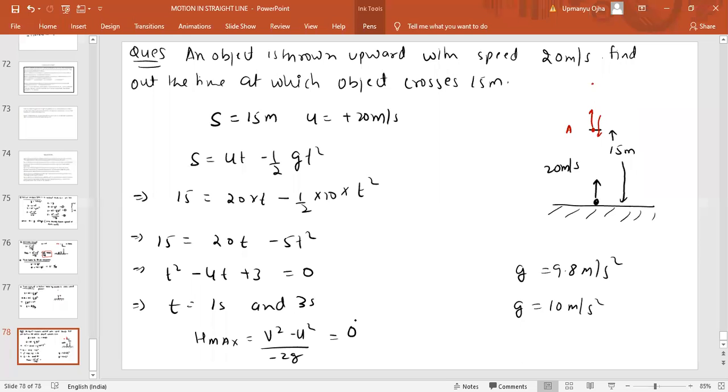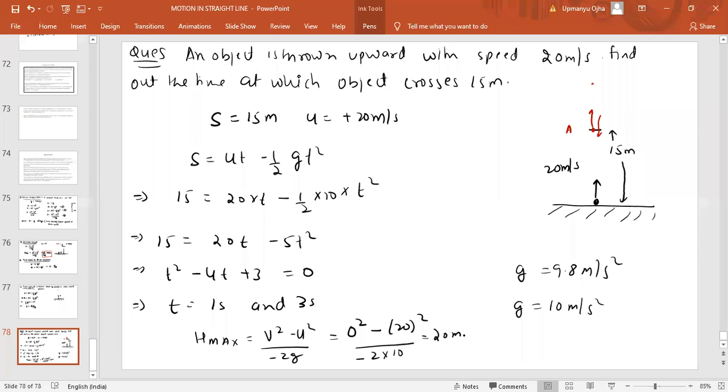Final velocity should be 0 for maximum height. Initial velocity 20 square divided by minus 2 into 10. That is 400 by 20, which is 20 meters. So 20 meters is the maximum height here.